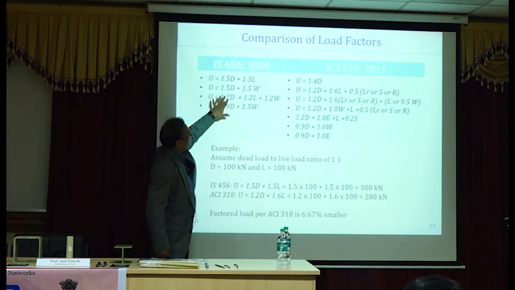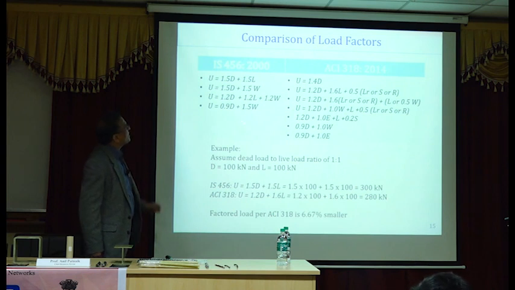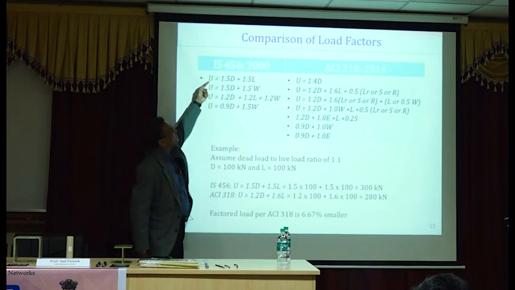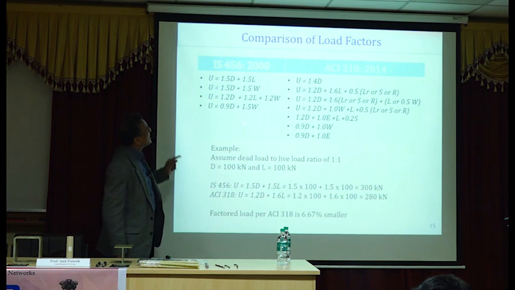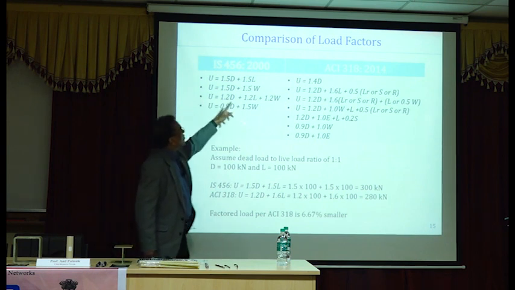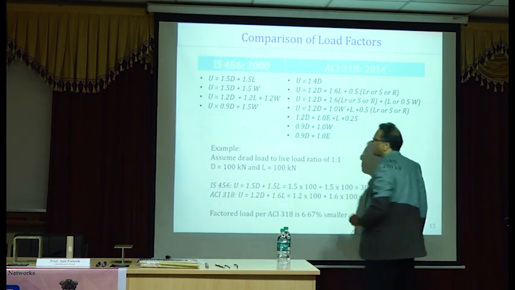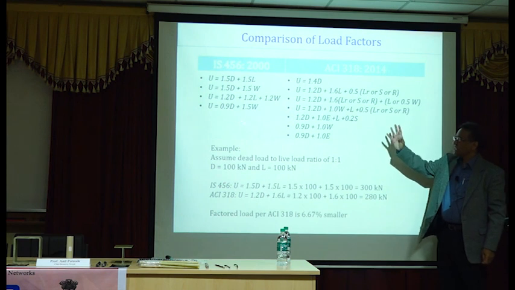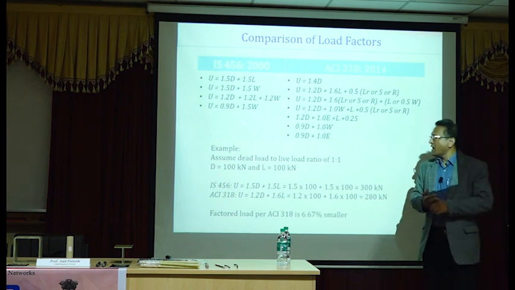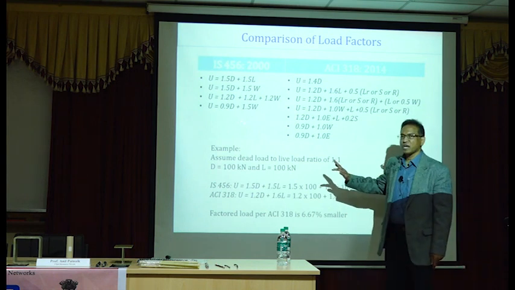I have these side by side. This is for IS 456, that's for ACI 318. So U equals 1.5 dead load plus 1.5 live load, whereas here we use 1.2 dead load plus 1.6 live load. As an example, generally speaking, a dead load to live load ratio of 1:1 is okay for concrete structures.